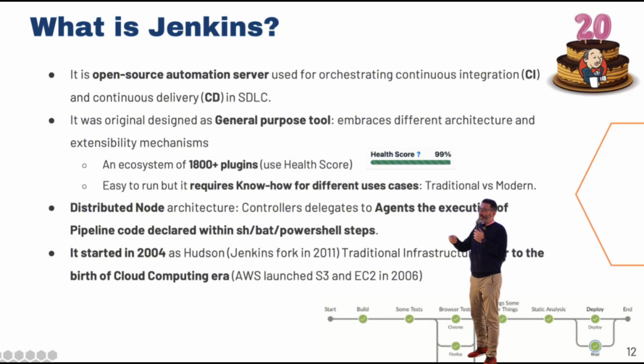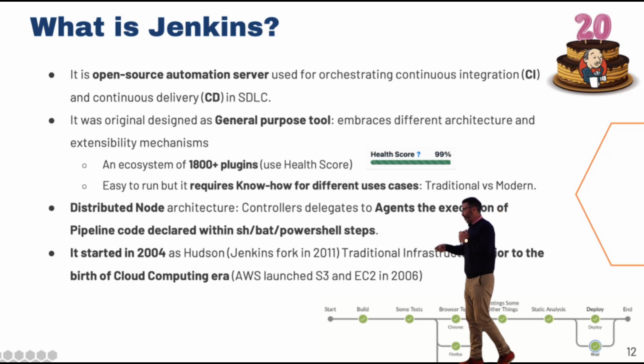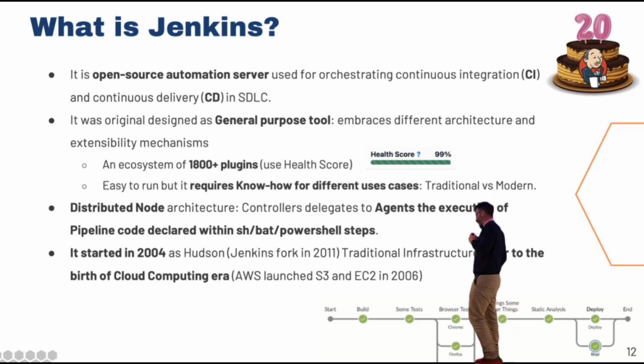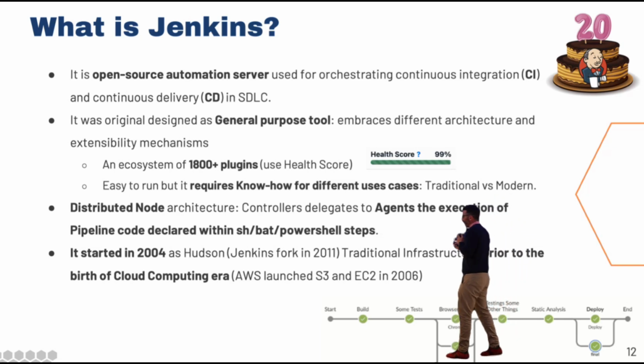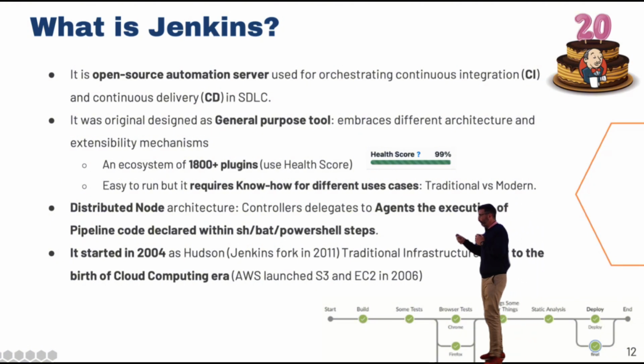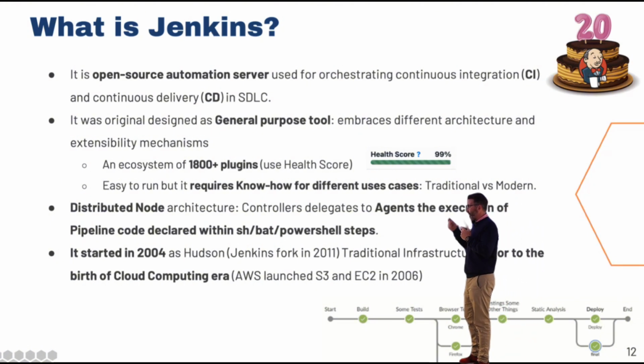They wanted to stop making it open source and make it fully enterprise. So that's why he decided to leave the company and fork it into what is today Jenkins.